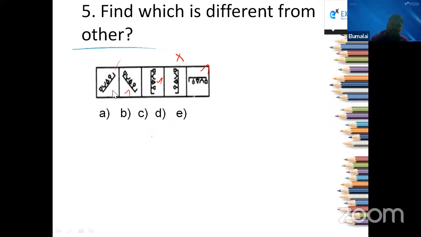See, if you rotate this first figure in a clockwise manner, right, you can have this figure B. See, you can have C. You can have E, but you cannot have D, isn't it? So all are appearing as in the clockwise rotation except D. That is why it is odd man. Good.